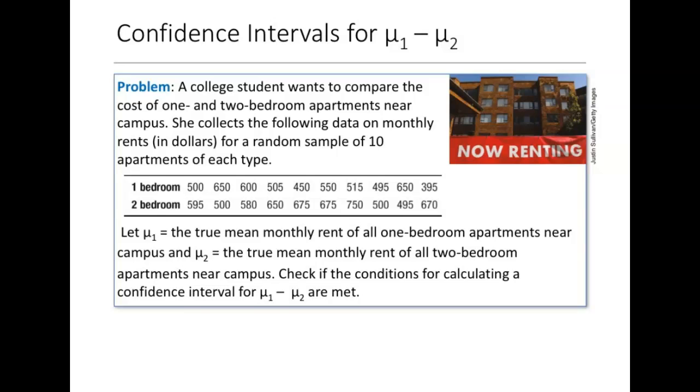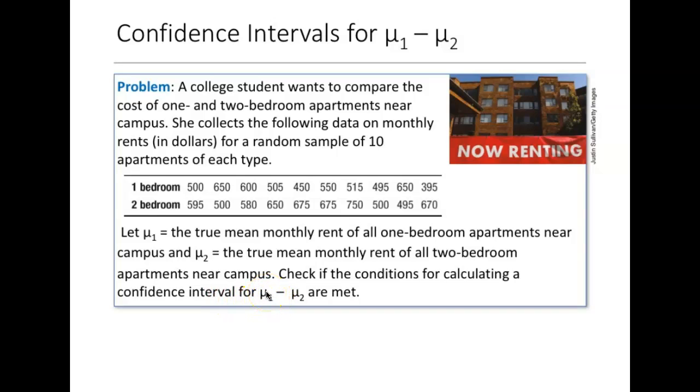She collects the following data on monthly rent in dollars for a random sample of 10 apartments of each type. Let mu1 be the true mean monthly rent of all 1 bedroom apartments near campus, and mu2, did I say M? I meant mu. Mu2 be the true mean monthly rent of all 2 bedroom apartments near campus. Check if conditions for calculating a confidence interval for mu1 minus mu2 are met.